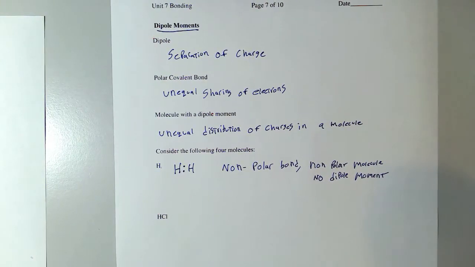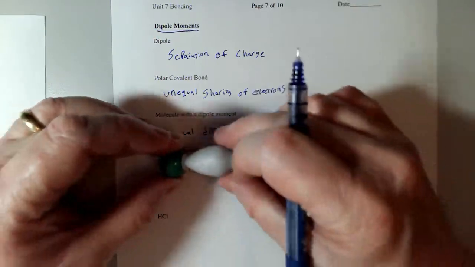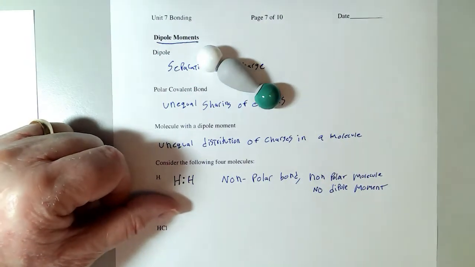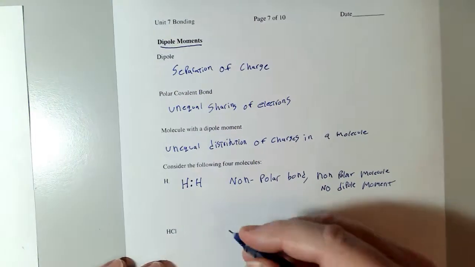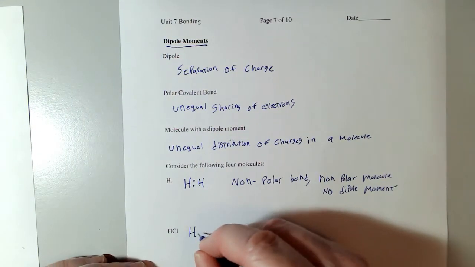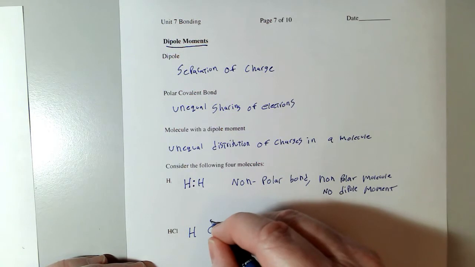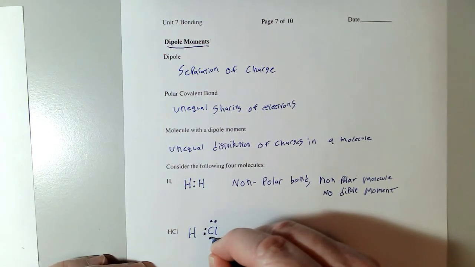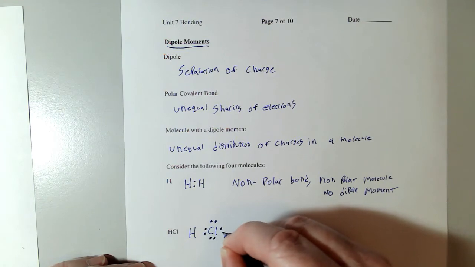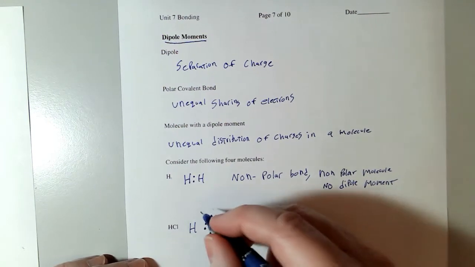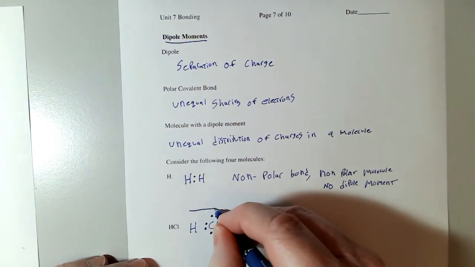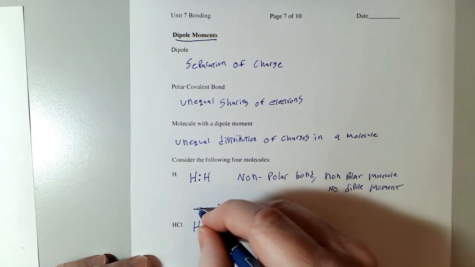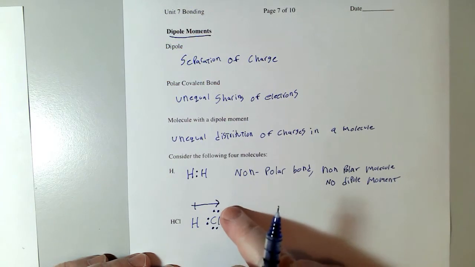Now, what if I look at something like HCl, where the atoms are not the same? I've got my hydrogen, I've got my chlorine, and chlorine has a higher electronegativity. So the electrons are, in a sense, pulled towards the chlorine, or at least the electron density. I'm going to draw an arrow towards where the electron density is. That would be the negative side.